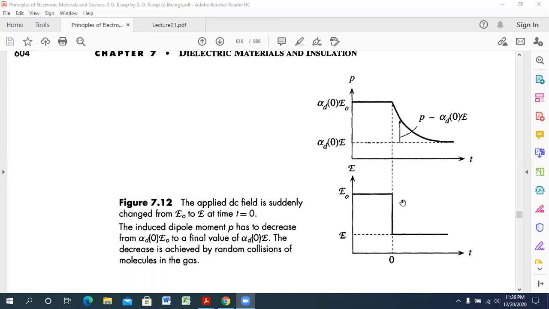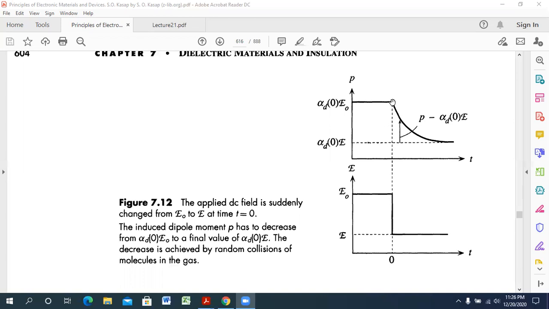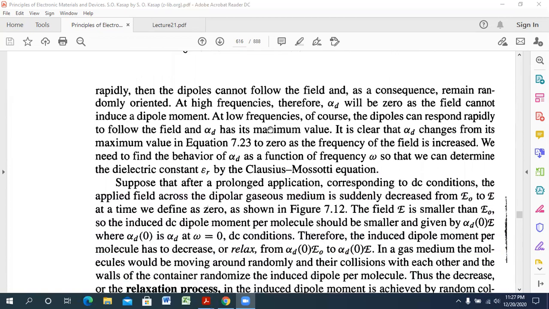But when we reduce the electric field from E naught to E, the polarization decreases exponentially. It requires some time to go from this upper position to this lower position. This required time is known as the relaxation time, which we have already learned in previous lectures.